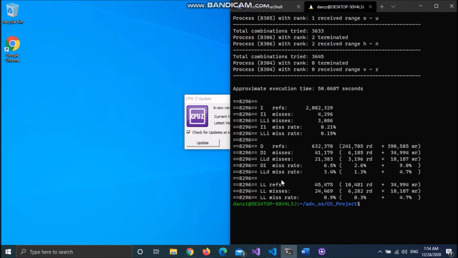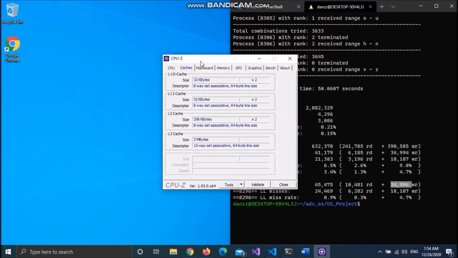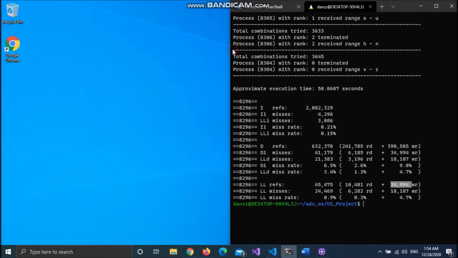So it refers to both types of references, data and instructions. So here we can see the amount of read references and write references, and subsequently the misses and miss rate. Now if I just open this, here in the caches tab, you can see that there are three levels of cache in this PC.